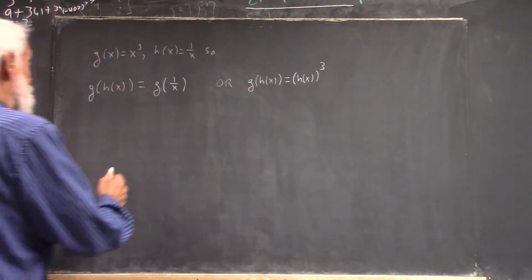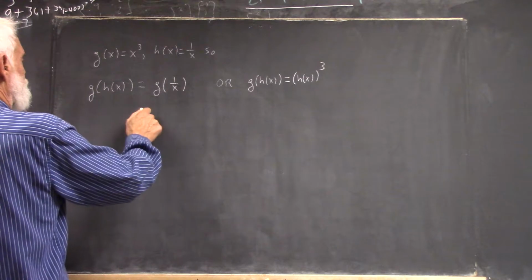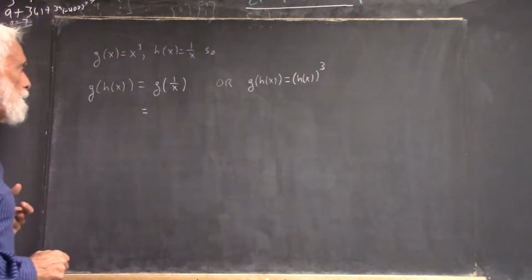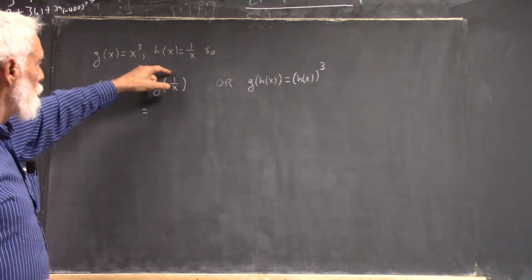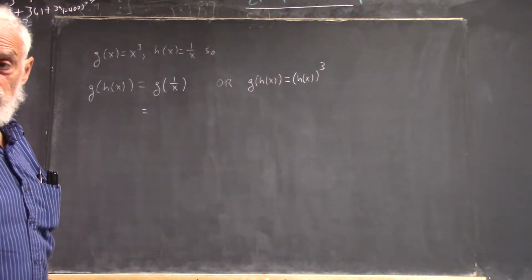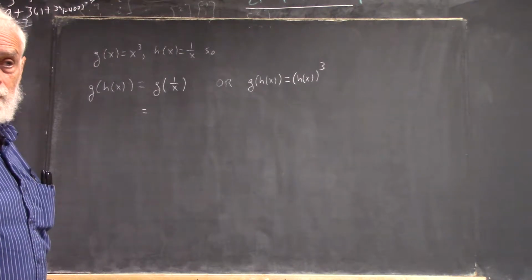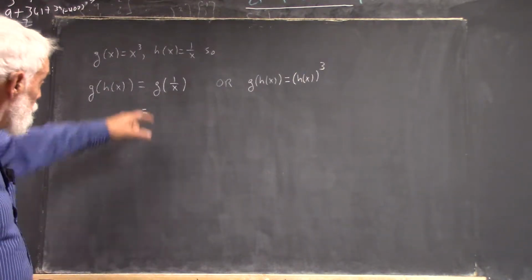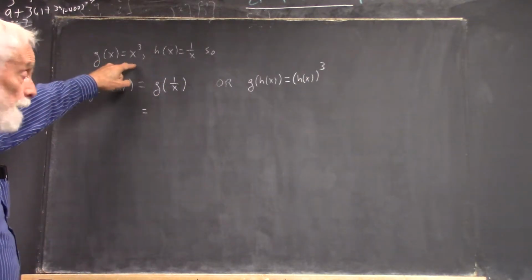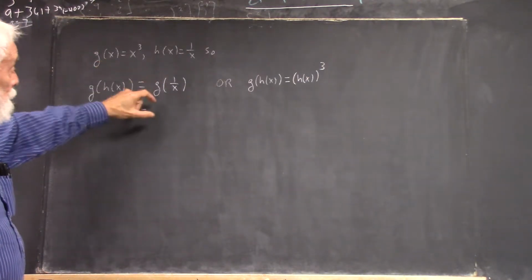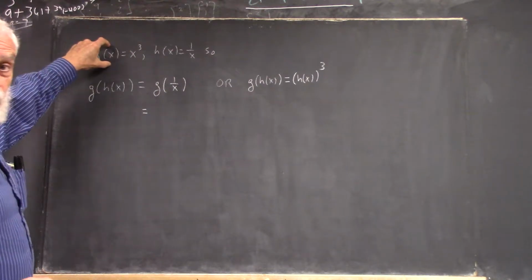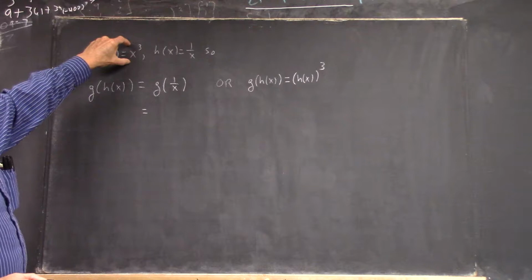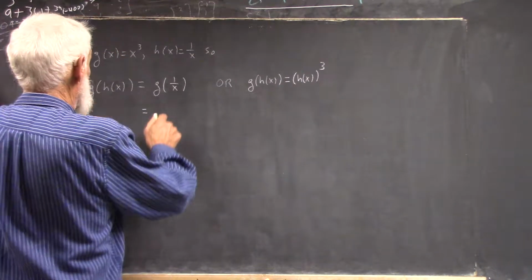Now, what's g of 1 over x? Well, how do you do g of 1 over x? You go back to the definition of g of x and see that 1 over x is replacing x, right? So you replace this x with the 1 over x.